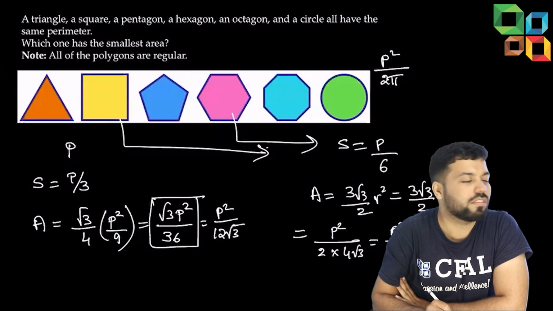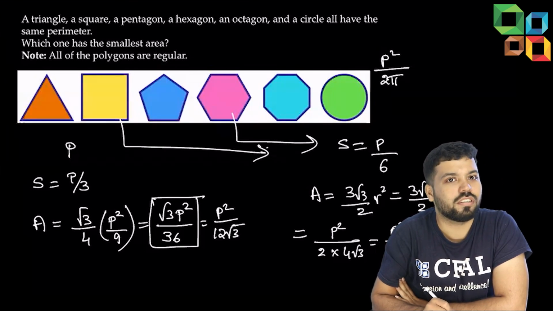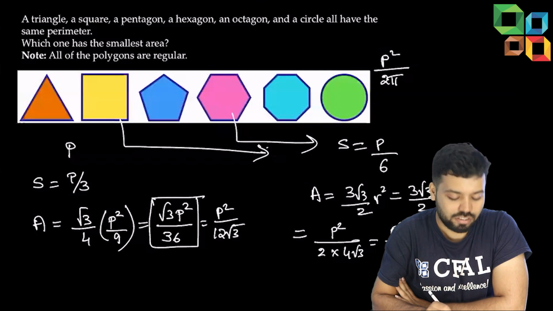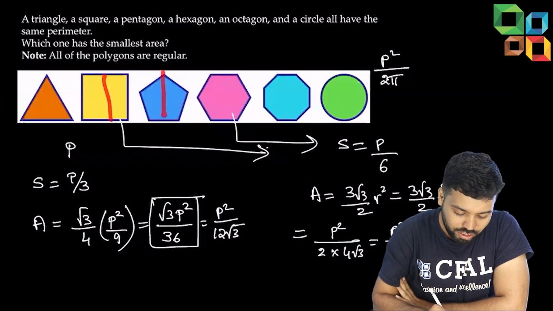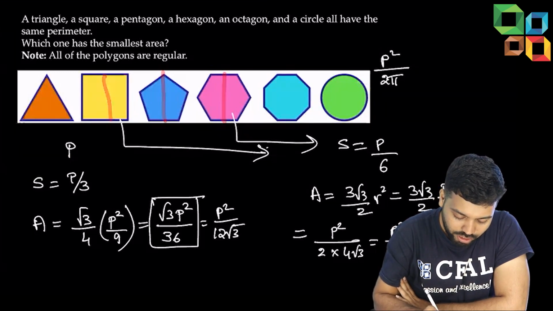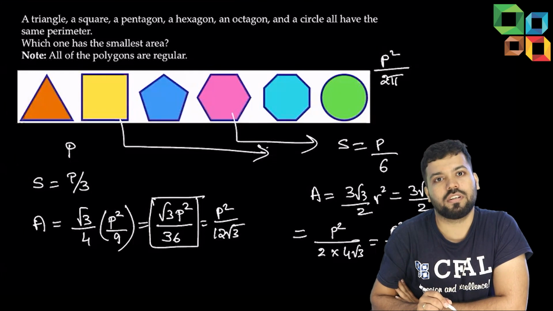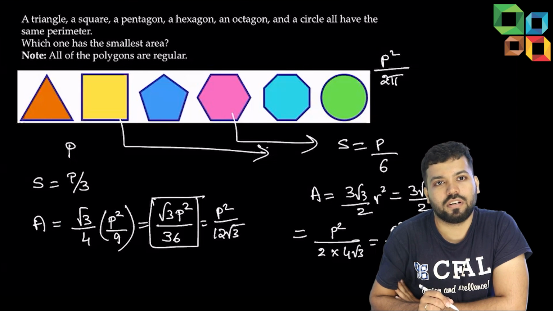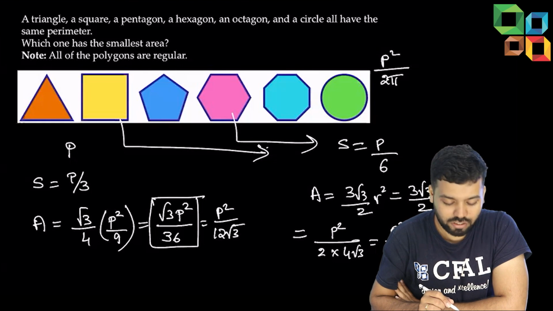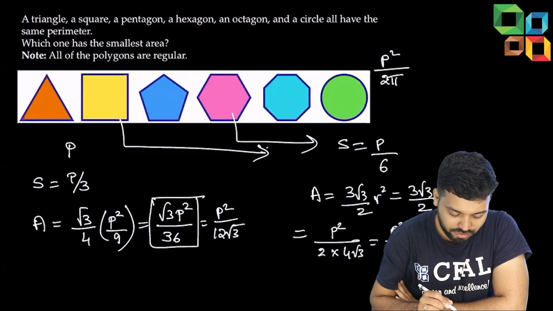That cannot happen. No, not that. I mean, just the heights of all the figures should be the same. If you want this height to be the same, then we cannot have this to be the same. This will increase by a little for each and every figure. No, we can directly assume that the heights are equal, right? It's almost obvious, at least the way in which the figure is drawn.